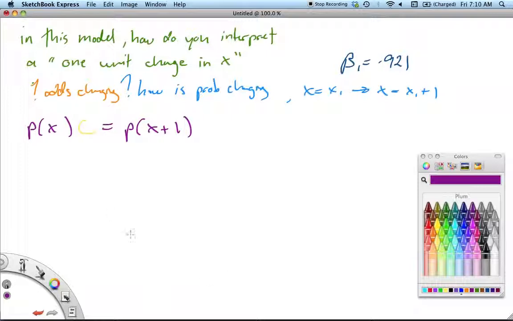Now, what do I know about the probability of x? Well, I know it's equal to e to the, we know what y is, it's okay for me to write this, right? We know that that's referring to my a plus bx.